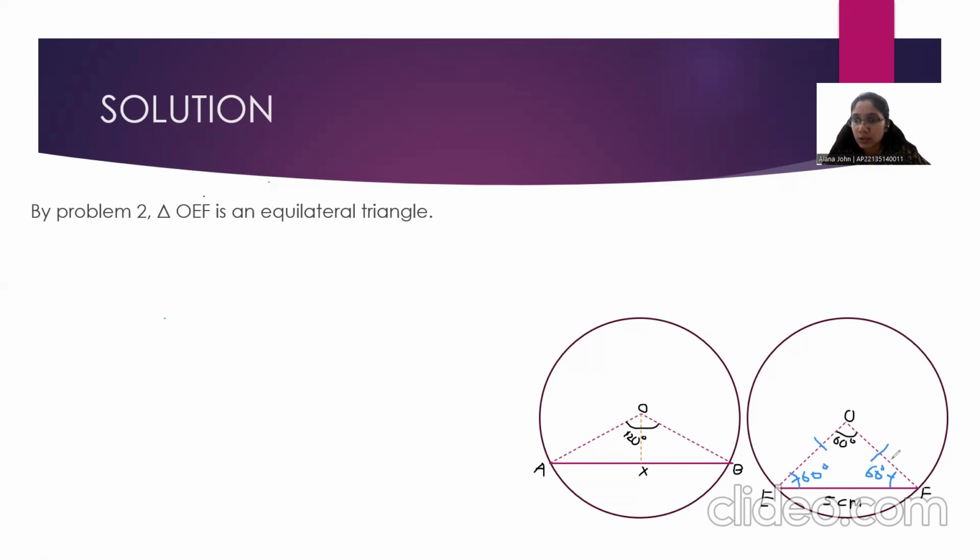So the isosceles triangle EOF now became an equilateral triangle. This is given clearly in one of the earlier problems, I think problem 1 rather than problem 2.